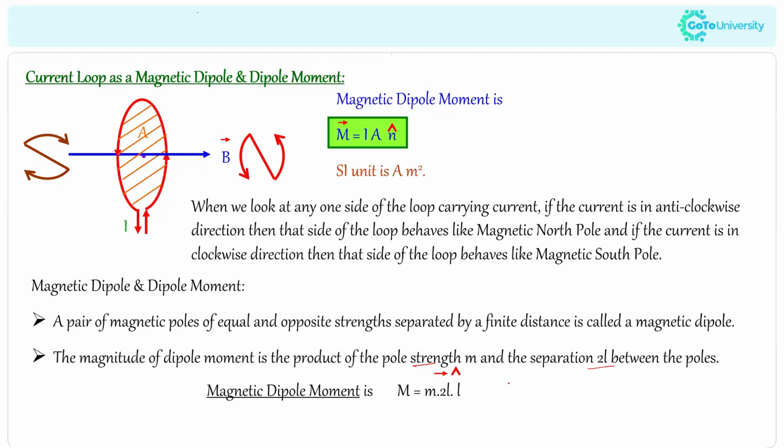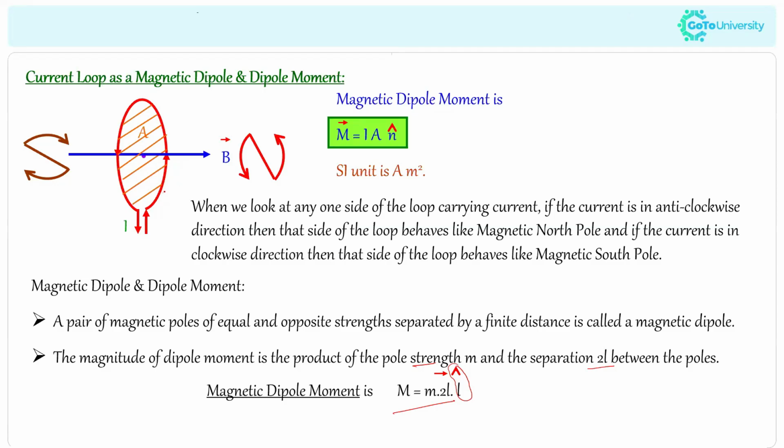So here I said already, it will be separated by a distance of 2l. So we can say the magnetic dipole moment will be equal to m times 2l times l cap. L cap here is representing just the unit vector.